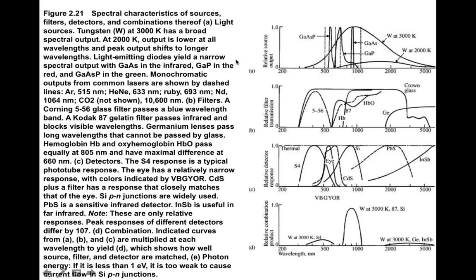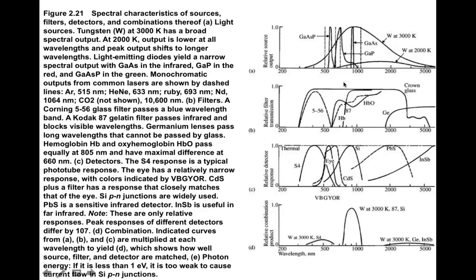What then typically happens is the light is filtered. So if you have some kind of a filter that passes a particular band, and here are some examples of filters, and sometimes the filters are intentional and sometimes they're unintentional. If you have packaging or some kind of protective glass that covers the light emitting diode, then that's going to act as a filter.